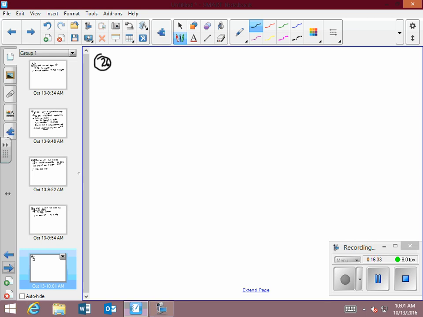Okay, explain why the columns of A span R^n whenever the columns are linearly independent. So what we're given is that the columns of A are linearly independent, right?